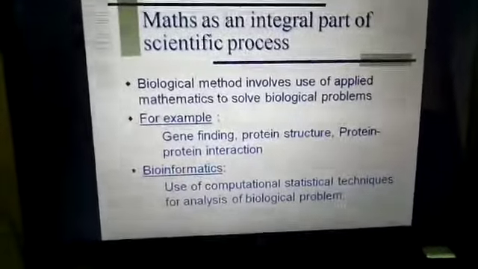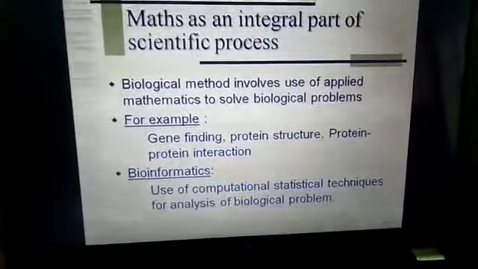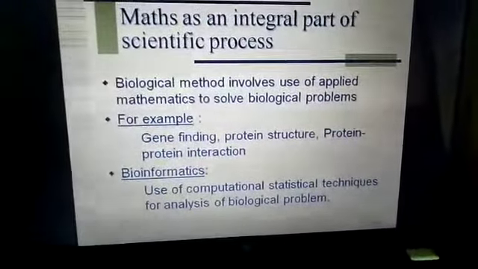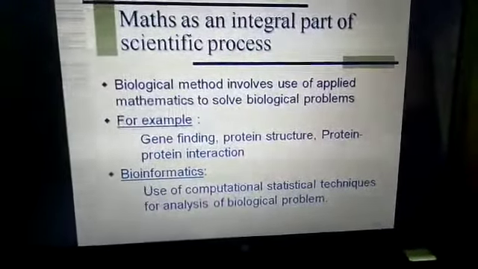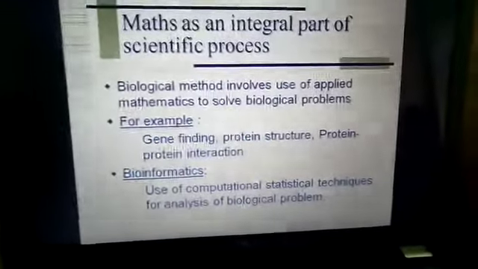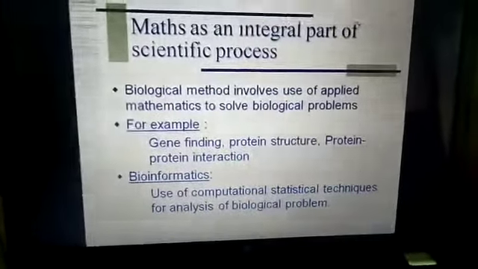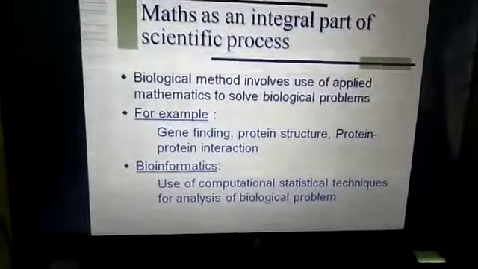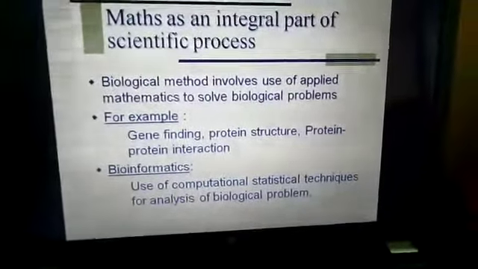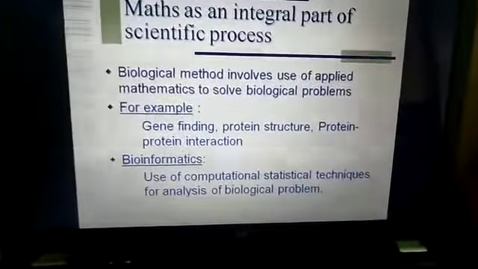Next comes maths as an integral part of the scientific process. The biological method involves the use of applied mathematics to solve biological problems. It means that in order to solve many biological problems we need applied mathematics, for example, gene finding, protein structure and protein-protein interaction.